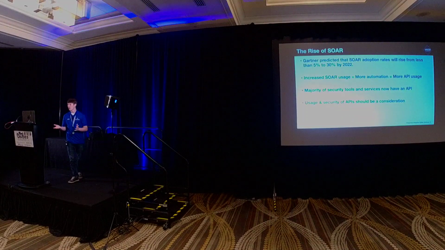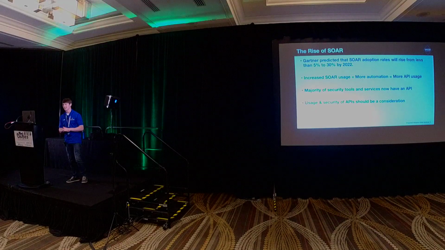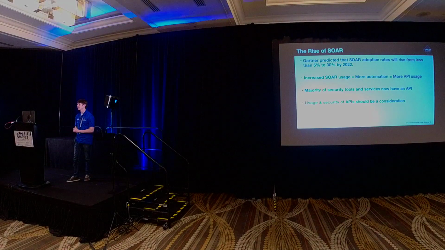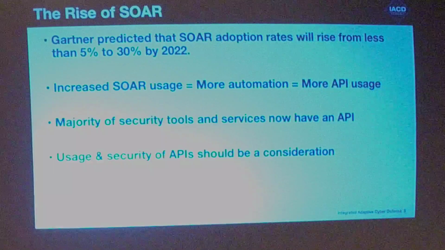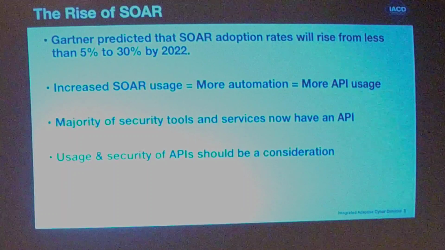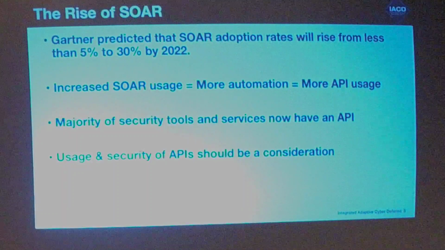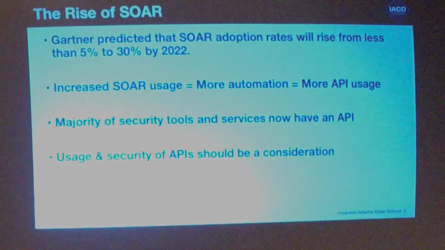So why do we care about APIs and their use today? So with the use of security orchestration, automation, and response, that's what SOAR stands for, as that increases, so does the use of APIs. We want all these tools to be able to integrate together, work together, and they do that through their APIs.